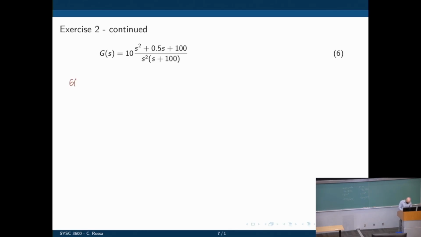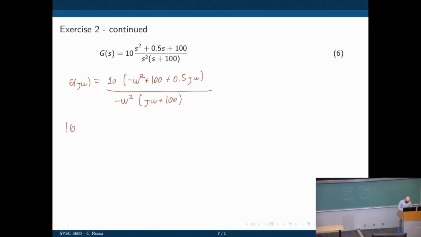So let's calculate the magnitude at that critical point here. If you replace s with j omega, we have negative omega squared plus 100 plus 0.5 j omega, divided by negative omega squared j omega plus 100.